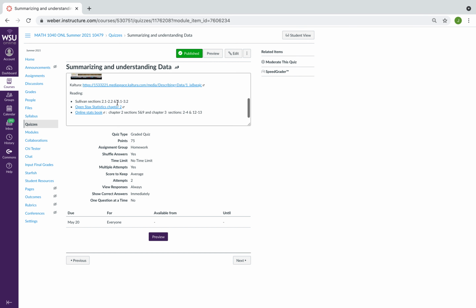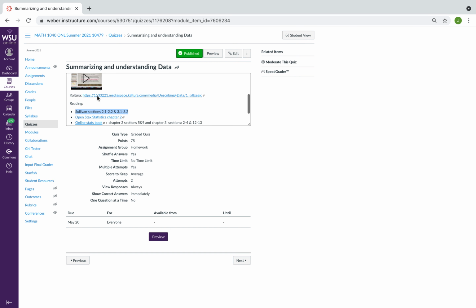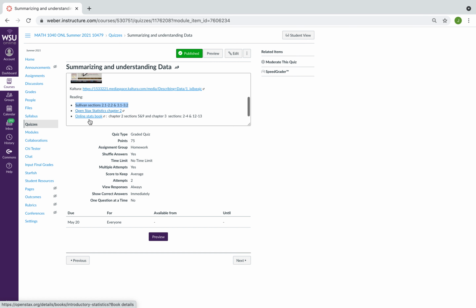I also have the corresponding reading. So this first one is your required textbook. However, I'm leaving the choice of the textbook up to you. It is technically required that you buy the course textbook. However, if you feel that this source, which is a free online textbook, OpenStax, is sufficient, you can go with this textbook. And I tell you what chapter to read.